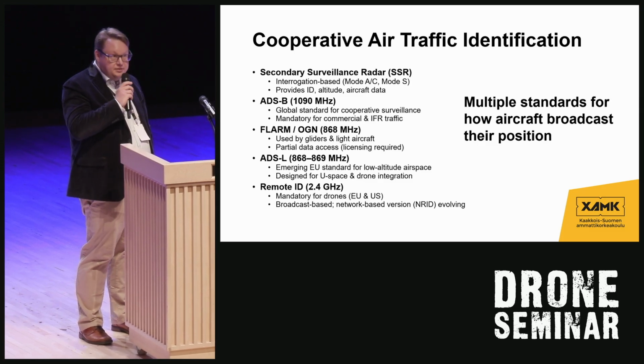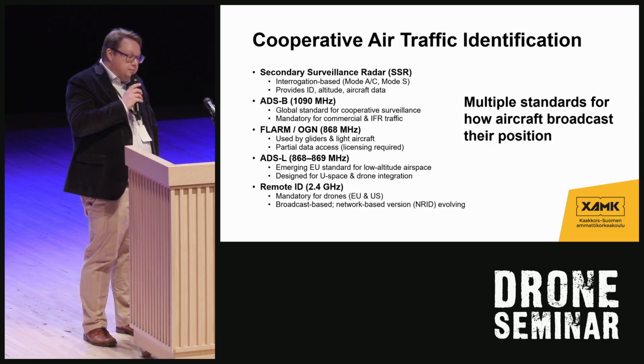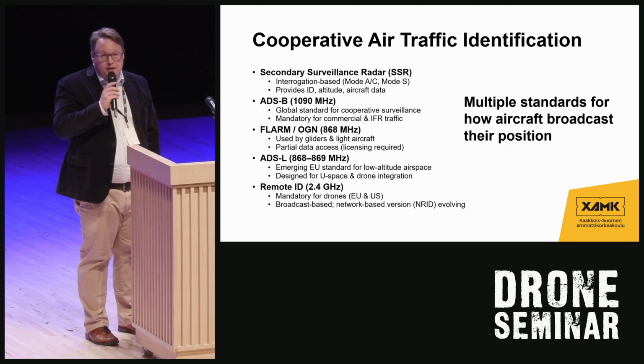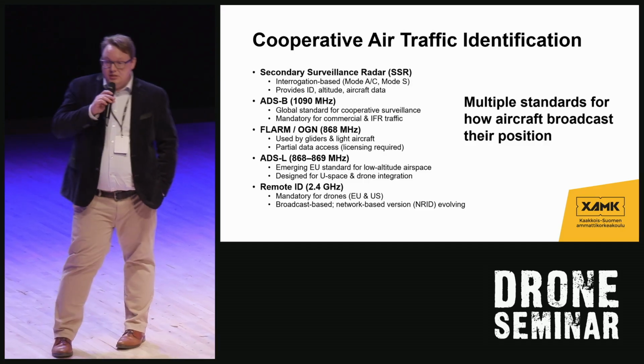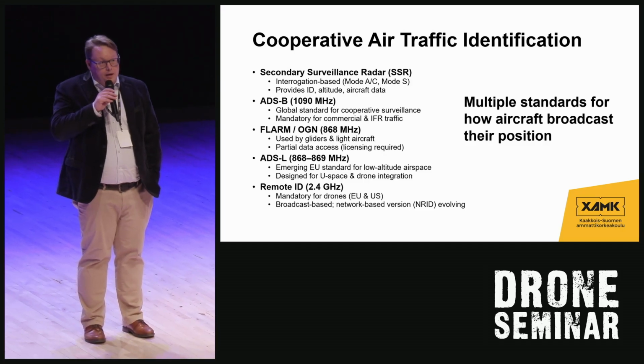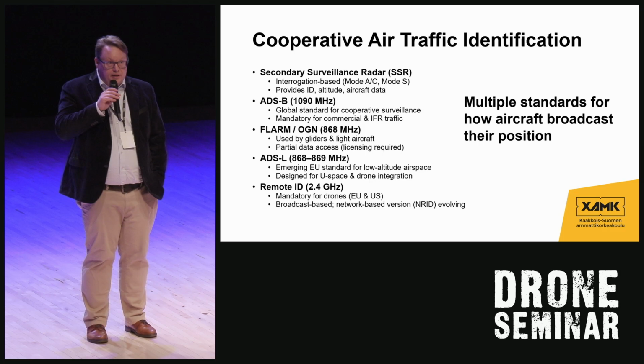ADS-B, I think, is a very well-known system. It is a global standard, and if you have ever used Flightradar or similar systems, this is how they gain the information on where the aircraft are.